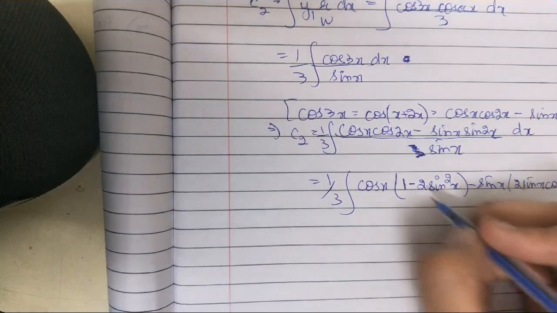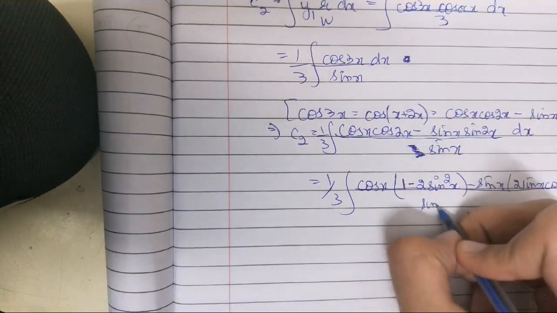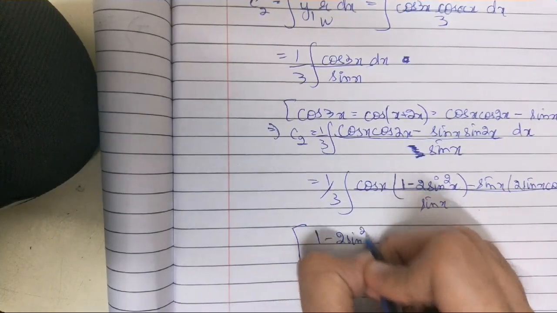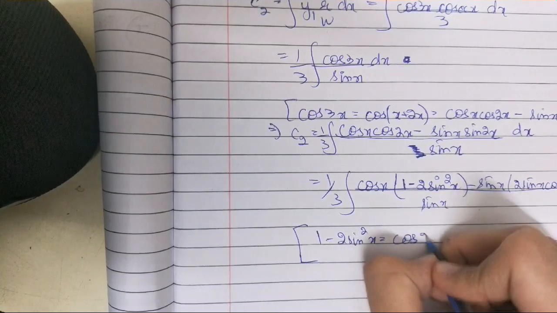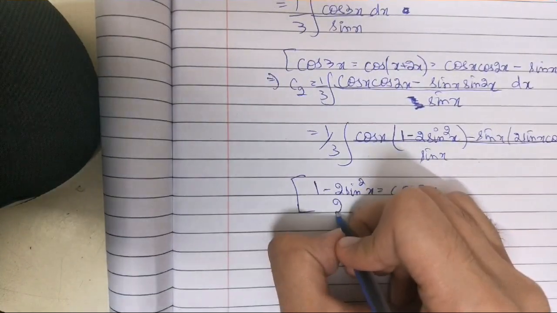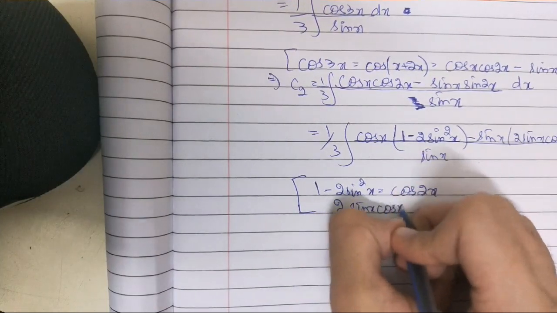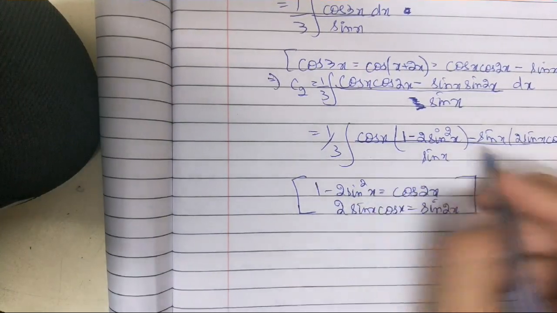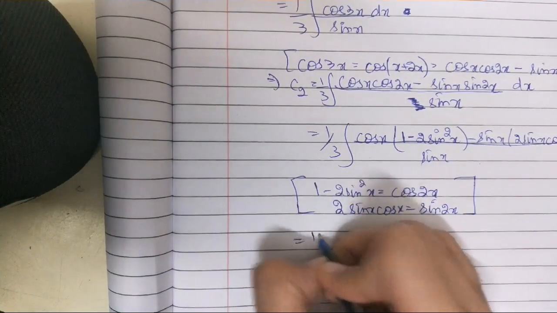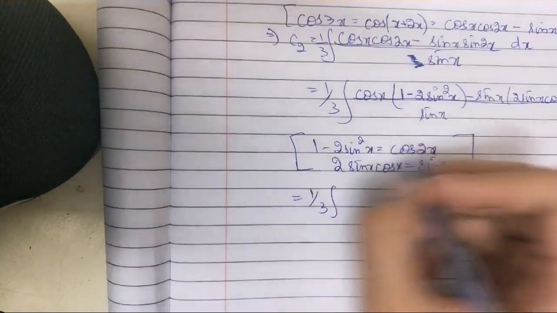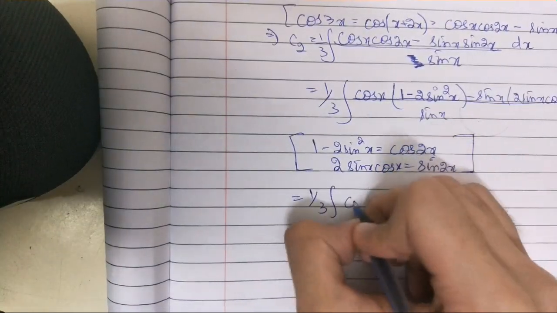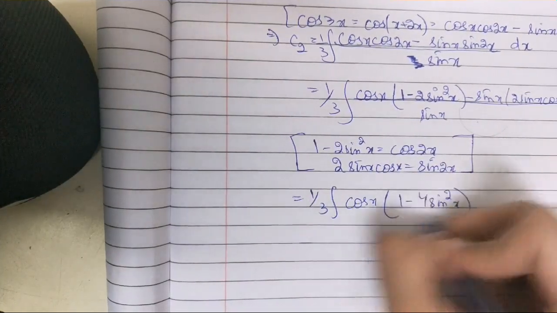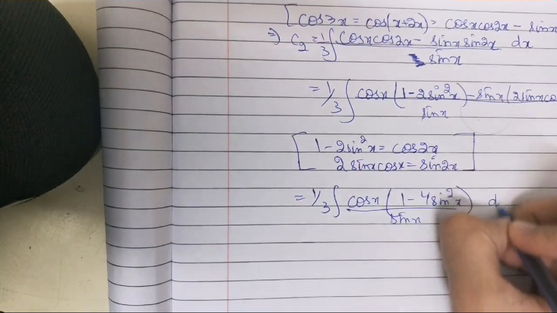The identities used are that 1 minus 2 sin square x is cos 2x, and 2 sin x cos x is sin 2x. Right, now regrouping the like terms with cos x as common, I get 1 minus 4 sin square x and divide by sin x dx.